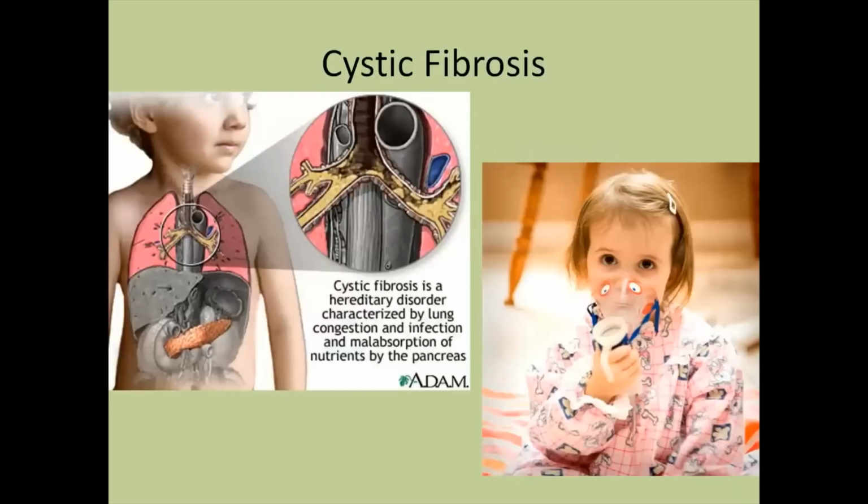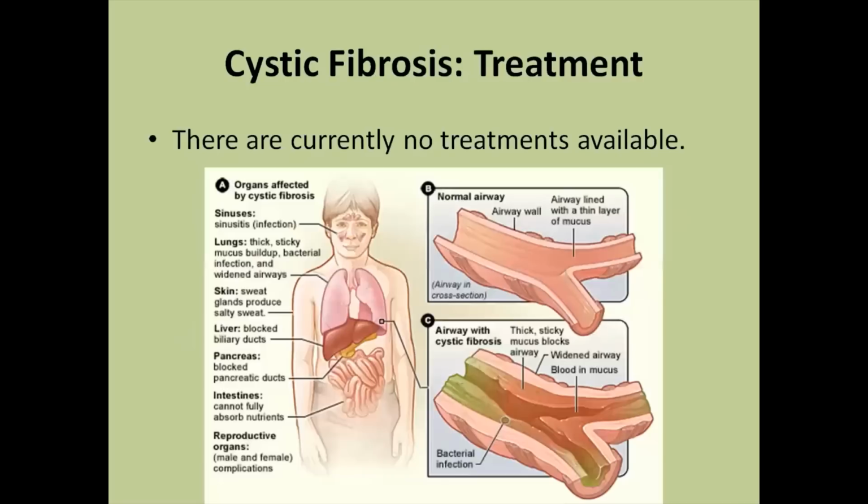Cystic fibrosis is a hereditary disorder characterized by lung congestion and infection. The cell membrane is mainly affected in cystic fibrosis. There are no treatments available currently for cystic fibrosis.